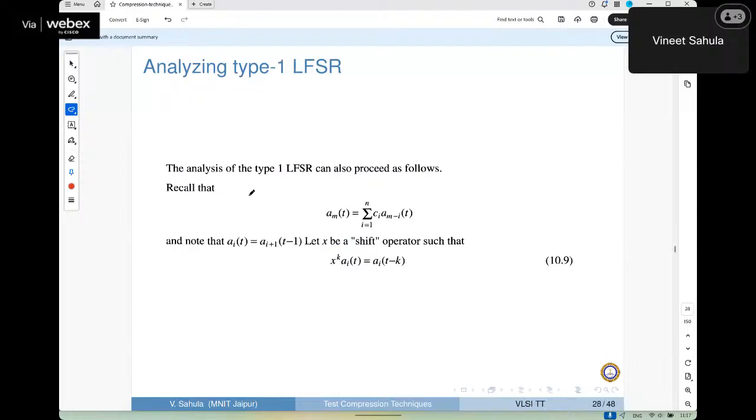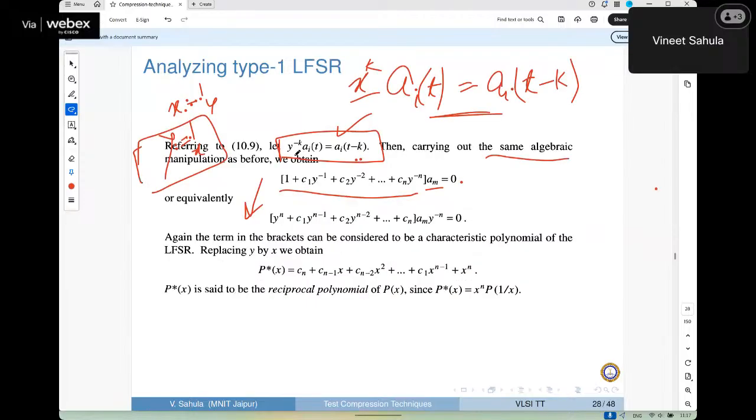Yeah, this is the LFSR equation. You put these values here and get the polynomial. That polynomial coming out to be is this. This is an alternate polynomial for the same LFSR. I can interchange x and y just for representation here.